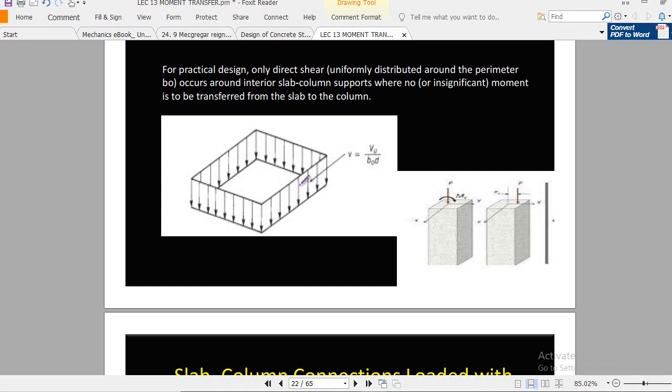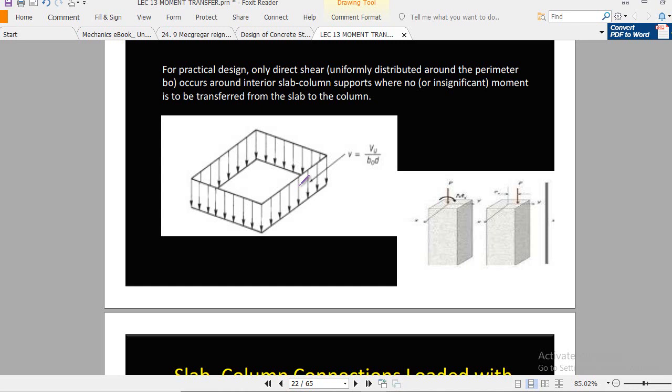If wind load or any kind of lateral loading is acting, then there may be some significant amount of moment. If it is a braced structure, like let's say you are providing shear walls in the interior of the structure, then in that case there will be insignificant moment over the interior joints or interior columns.